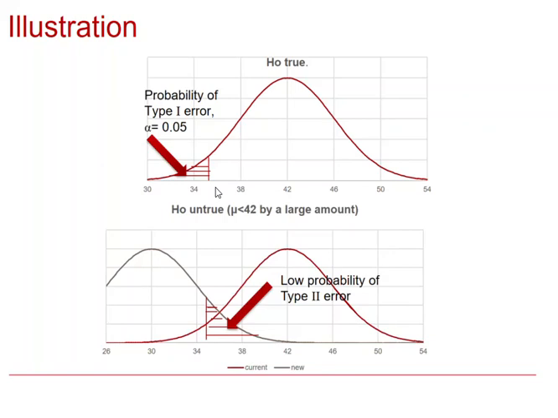And in this case I've made the mean for the new treatment much less than the mean for the original treatment, and you can see there's a very low probability of making a type 2 error in that case.